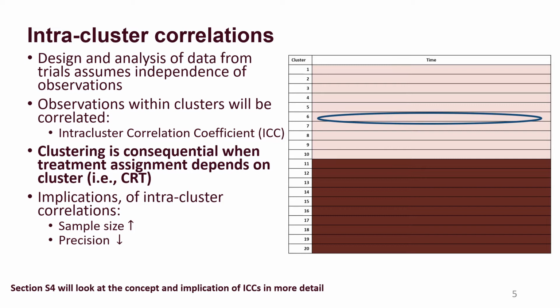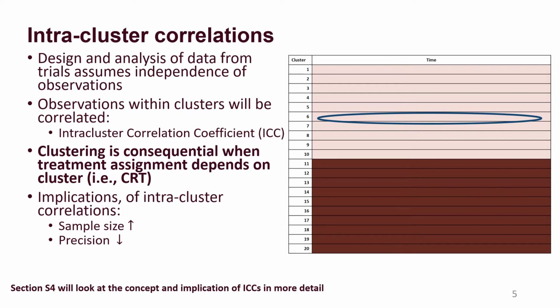So the design and analysis of data from trials assumes independence of observations. Now, observations within clusters will often be correlated, and this correlation is quantified through this statistic known as the Intra-Cluster Correlation Coefficient, or ICC. Now, clustering will be consequential when treatment assignment depends on cluster, as it does in a cluster randomized trial.